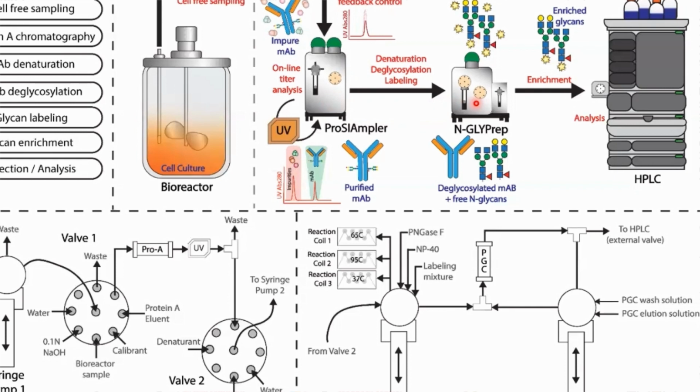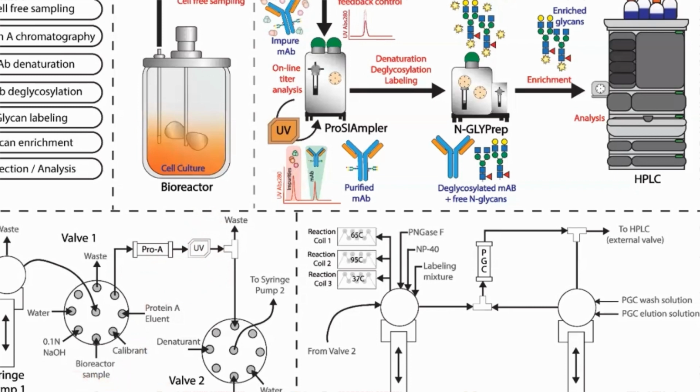The N-GlyPrep system is where the rest of the chemistry is done. This is where you're denaturing, deglycosylating, labeling, and then enriching prior to injection off the external valve on the HPLC. Again, this is a completely automated system, running autonomously. You can see on the bottom what the two flow paths look like for the ProSampler and the N-GlyPrep. We have the Protein A column and the UV, and we build our feedback control based off this UV from the Protein A elution.